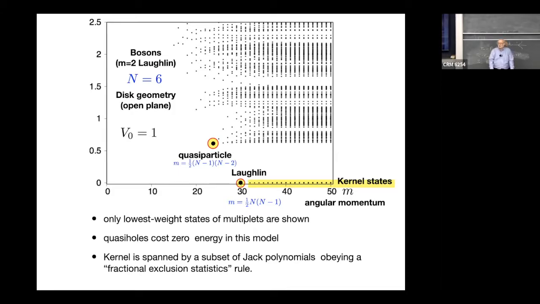So the spectrum of the low-lying states at the edge, which give you a one-to-one correspondence with the character table of the conformal field theory, is actually just counting the kernel states for a given particle number with respect to the angular momentum, and that really becomes a Virasoro weight relative to, in this case, you'd count 30 as 0 in Virasoro, okay? So the Virasoro weight would be the axis measured relative to the maximum density state.